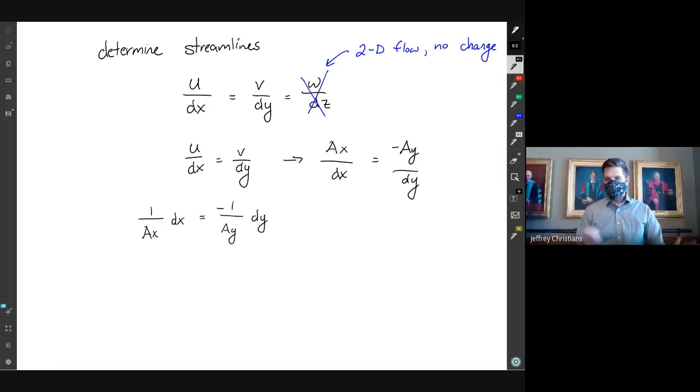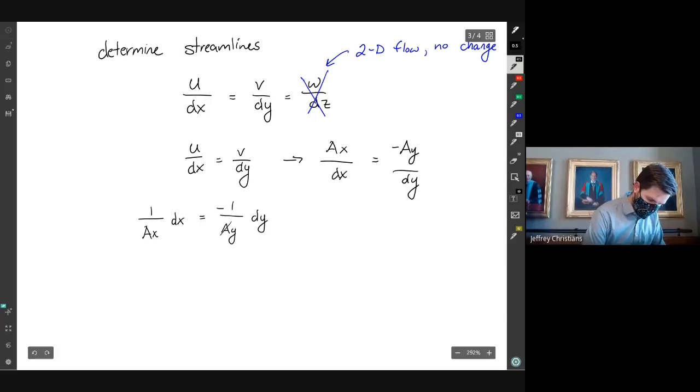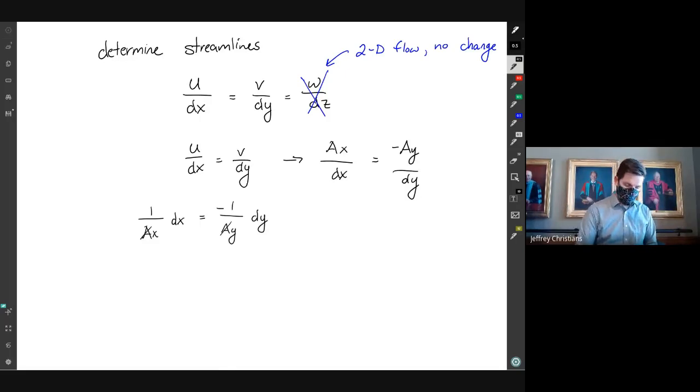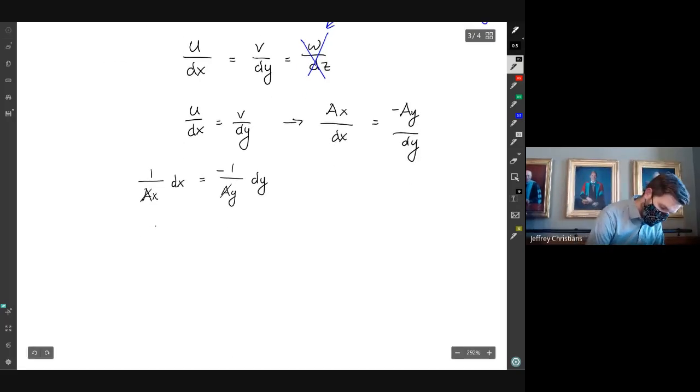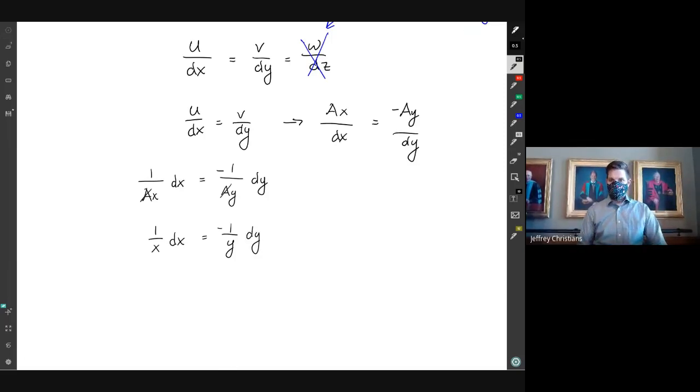Okay, and then we can simply get rid of the a's because the a's are going to cancel each other out. So we'll multiply both sides by a, and it goes away. So we have 1 over x dx equals 1 over y negative dy. And then we're going to integrate both sides.